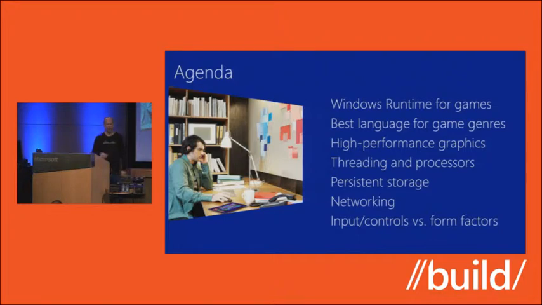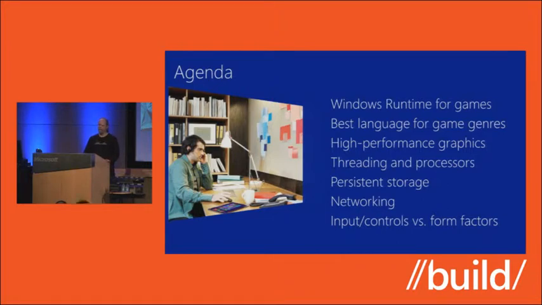I want to cover a little bit today about the Windows runtime. I think that's really just the fundamental foundation of everything that we're going to be talking about this week. I'm making some recommendations about what types of languages work best with certain types of game genres. A little bit on how to tweak your graphics performance, and then a tiny bit on threading and multiprocessing.